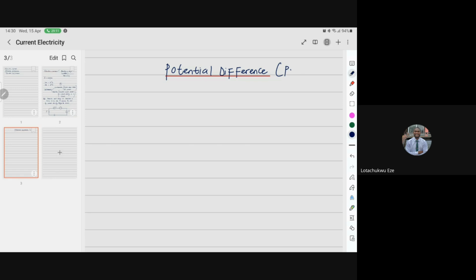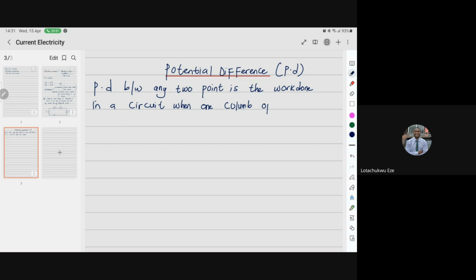So in brackets, this is PD. I said that PD between any 2 points is the work done in a circuit when one coulomb of charge moves from one point to another.